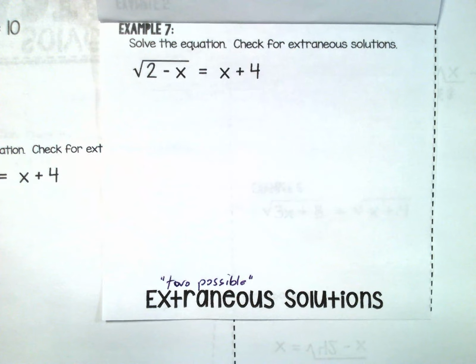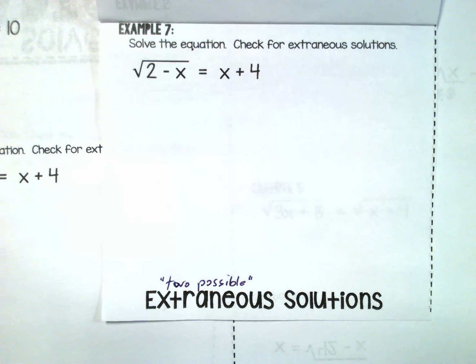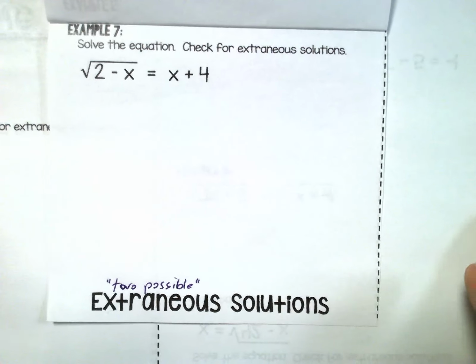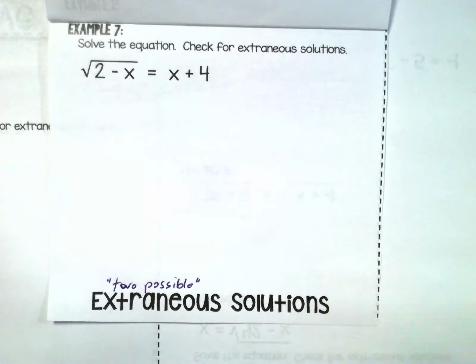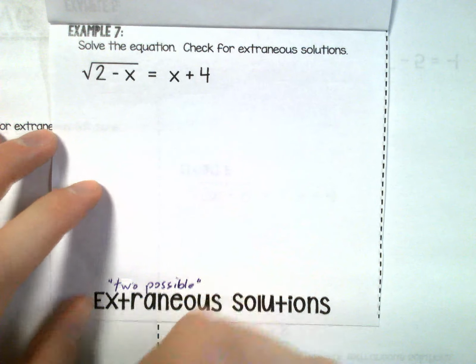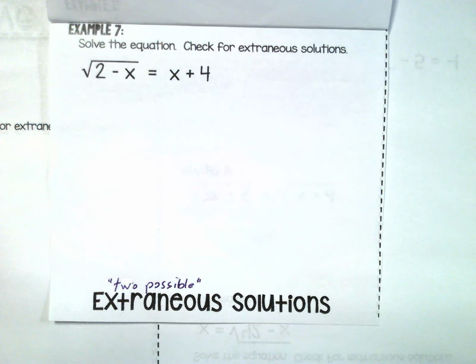That's all it basically means, two possible. Meaning that you're going to do a little bit of extra work on these, and you're not going to be able to just bulldoze through them and say, okay, I'm done. No. Two possible solutions.